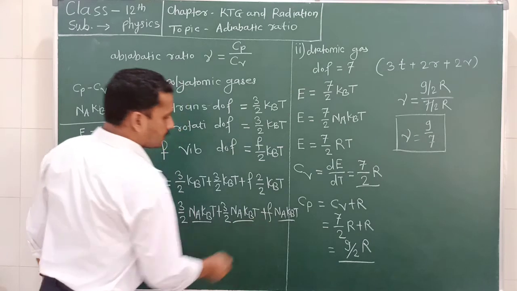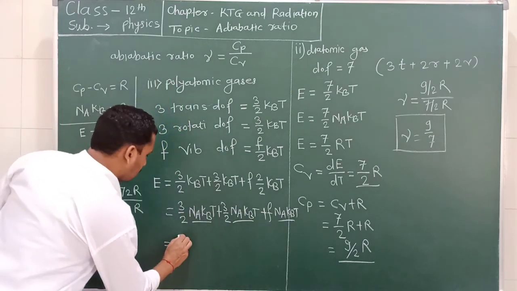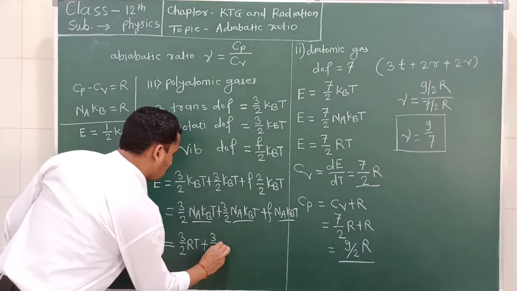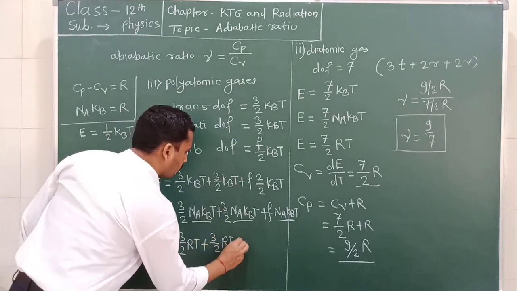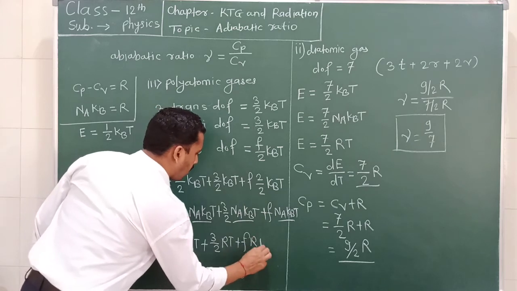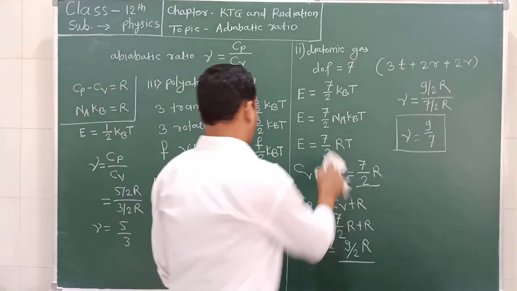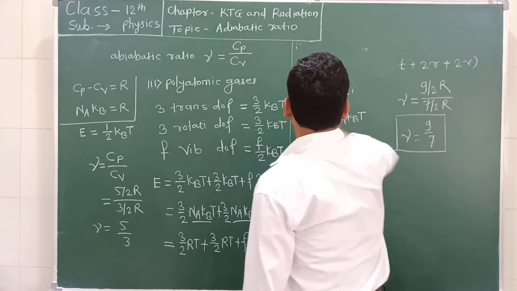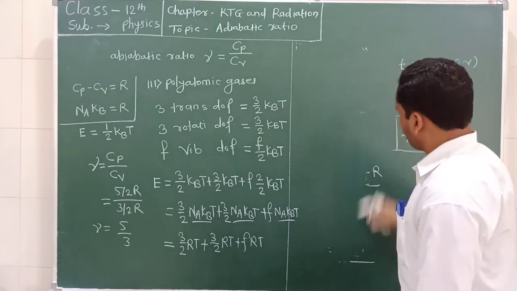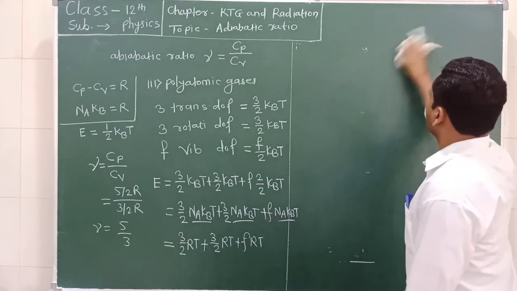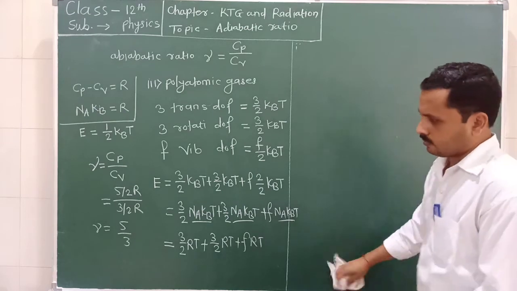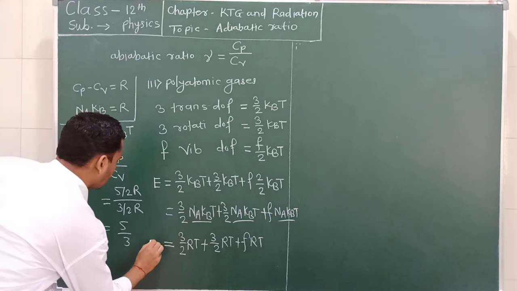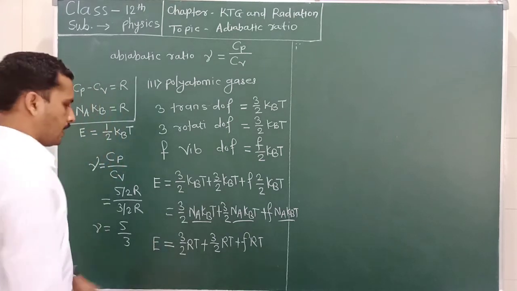This Na into kB is equal to R. So you can write here this is 3 by 2 RT plus 3 by 2 RT plus F RT. This is equal to the internal energy.